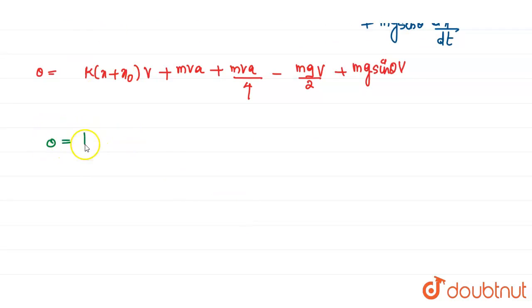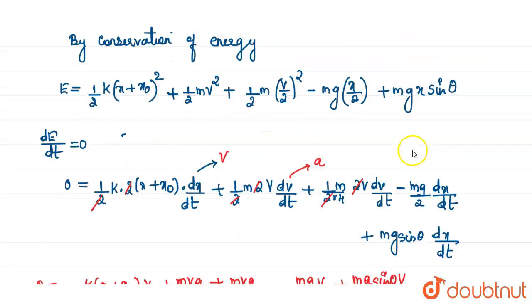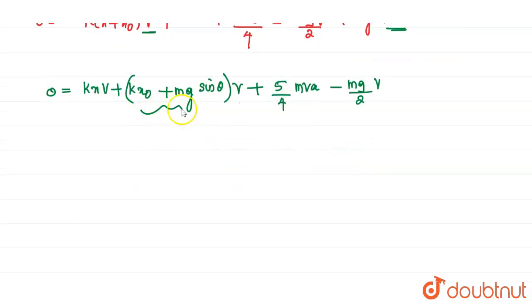So 0 is equal to kx into v plus kx0, taking this v as common, kx0 plus mg sine theta into v plus 5 by 4 mva minus mg by 2 into v. What is kx0 plus mg sine theta? It is mg by 2. So this value is mg by 2, and minus mg by 2 into v. So we can cancel these two terms.